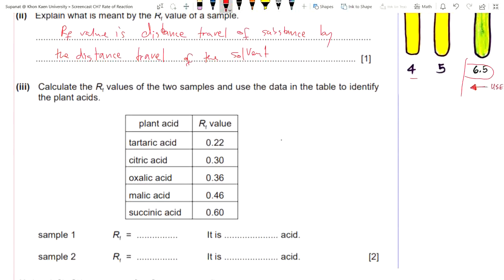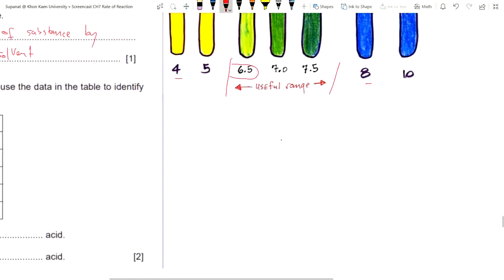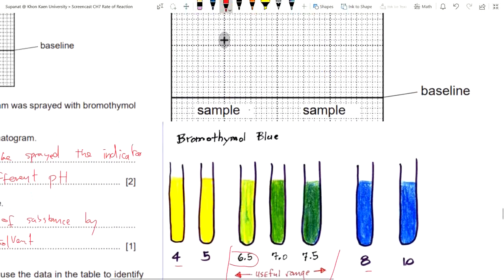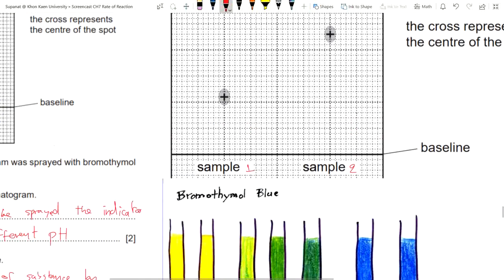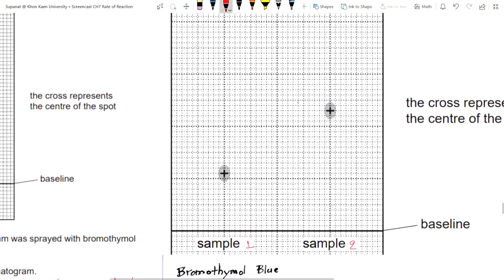Calculate the RF values of the two samples and use the data in the table to identify the plant acids. Let's have a look at sample 1 and sample 2.